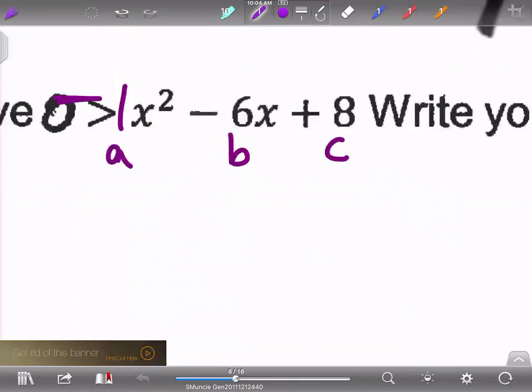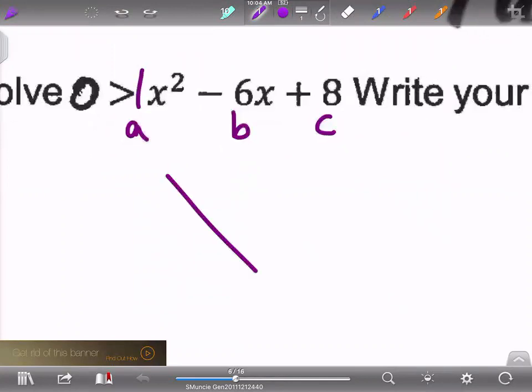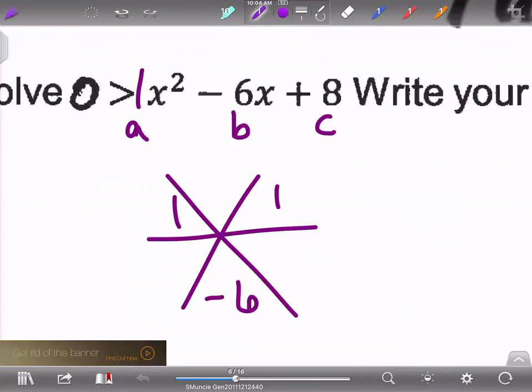Remember, when you start these problems, you just kind of ignore this right here, or you can consider it an equal sign. We're going to factor this just like normal. So we're going to use our asterisk and factor the original. So A is 1, B is -6, and C is 1 times 8, which is 8.